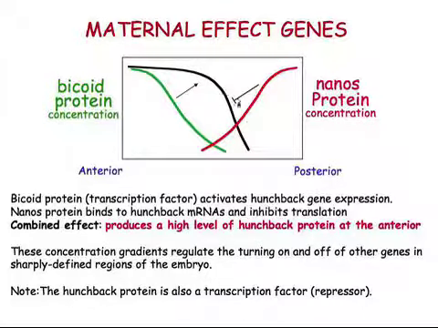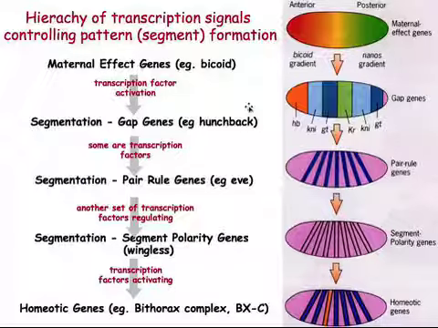So genes in this region of the developing larva experience high hunchback and high bicoid, whereas the genome which will be encapsulated in the cell at some point here in the larva experiences a different concentration of transcription factors.